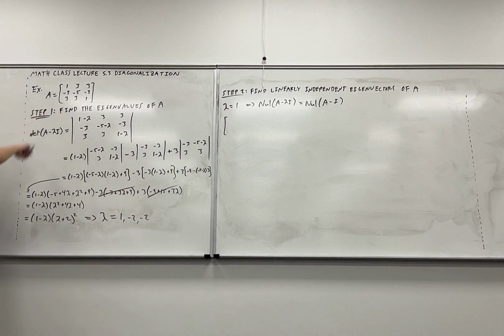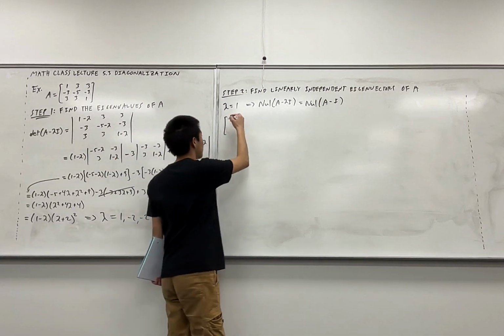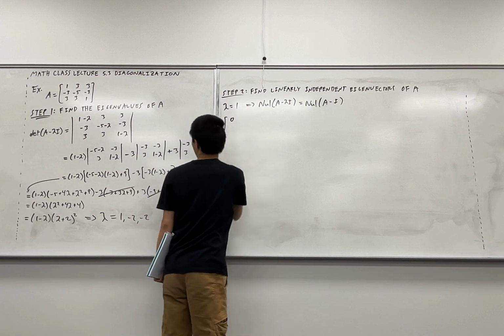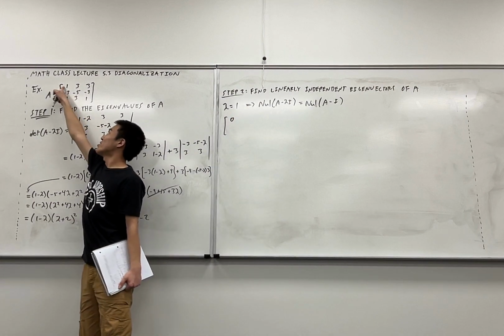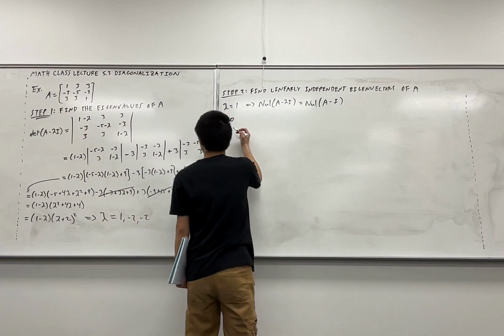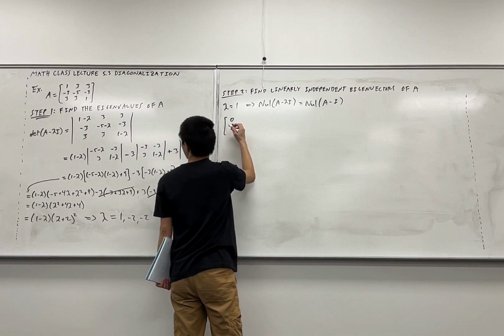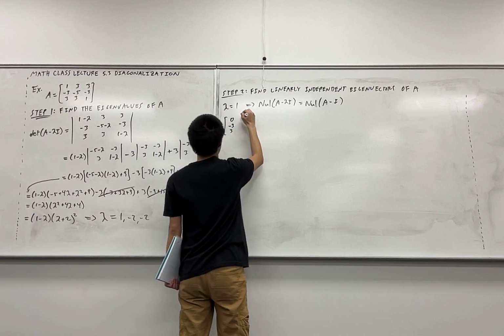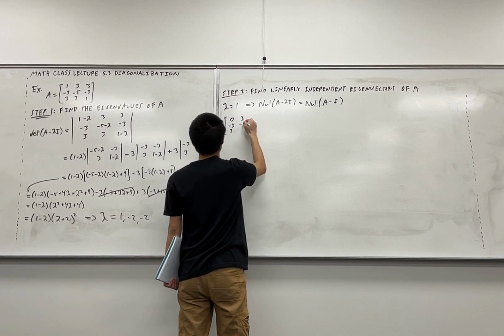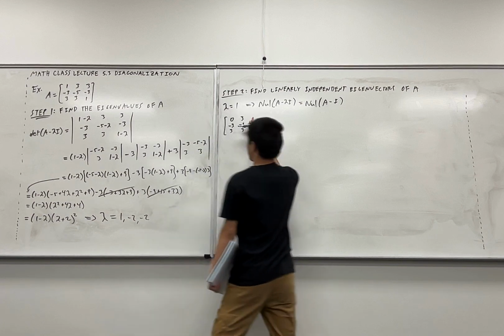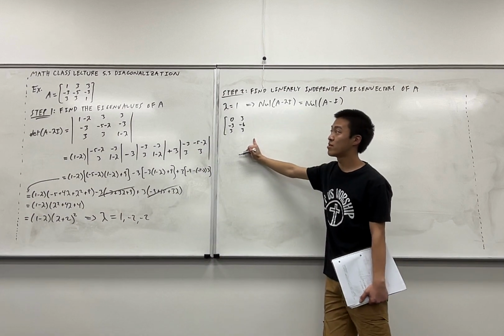What's the first diagonal entry going to be? 0, right? Because 1 minus 1 is in fact 0. And then we have minus 3 and 3. Then we have 3 minus 6, 3. What's the last column? 3 minus 3, 0.